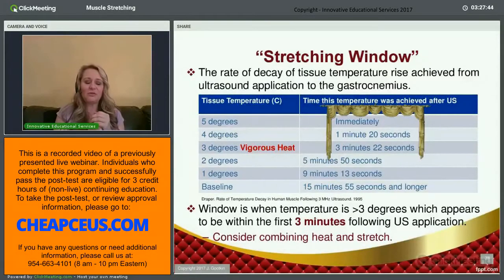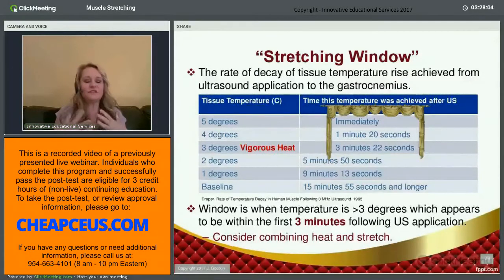The individuals received an intervention in order to increase the heating of their tissues. So ultrasound was applied to increase the tissue temperature, and they monitored the tissue temperature increase with the hypodermic needle to see how high the heat was achieved.